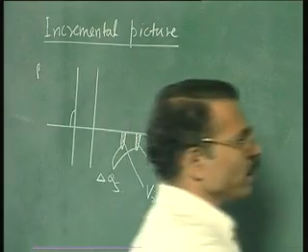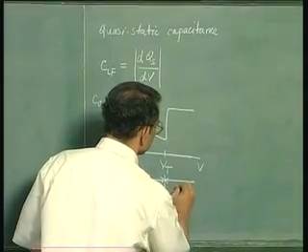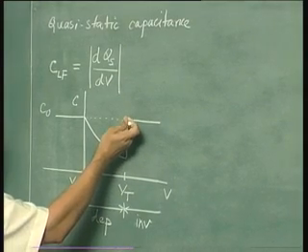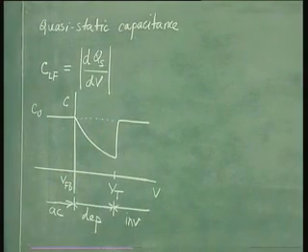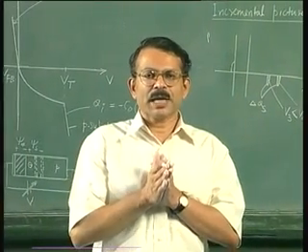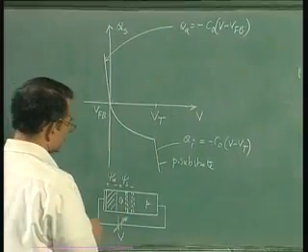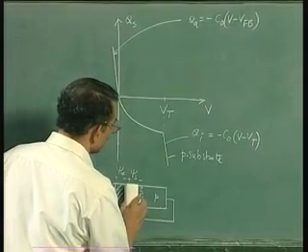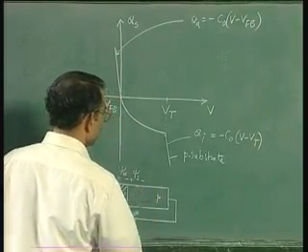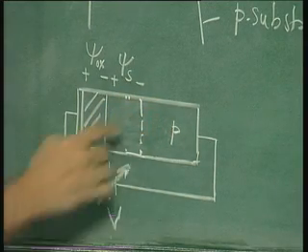Now what happens beyond inversion, beyond this threshold, you get inversion. Now in inversion the capacitance is rising up to C0. Why? This means that the incremental charges are now coming from the interface. So let us look at this diagram here. What this means is that though you have the depletion layer here, let us say this is a depletion layer edge at inversion.